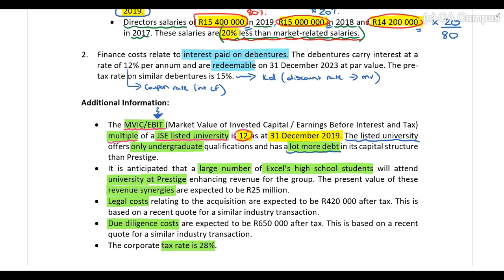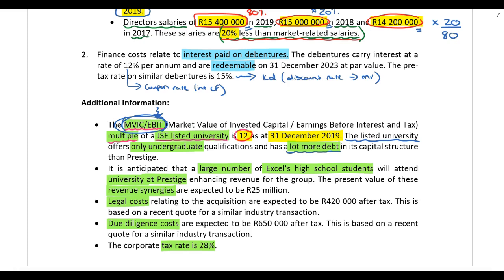However, in this scenario, we are dealing with the market value of invested capital over earnings before interest and tax multiple. So because we are working with this multiple over here, we should not adjust for differences in gearing because the multiple is based on earnings before interest and tax.